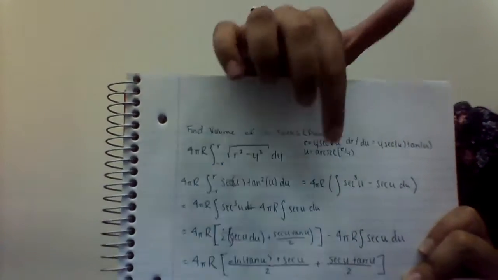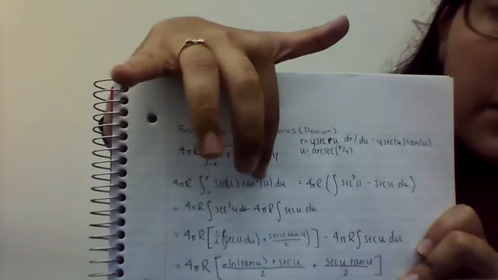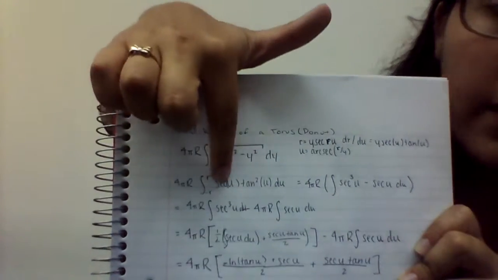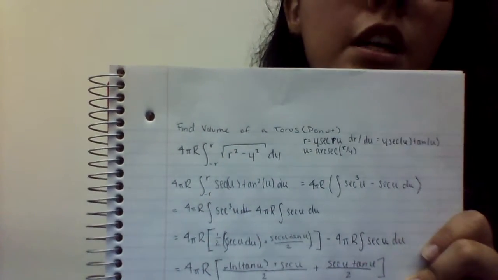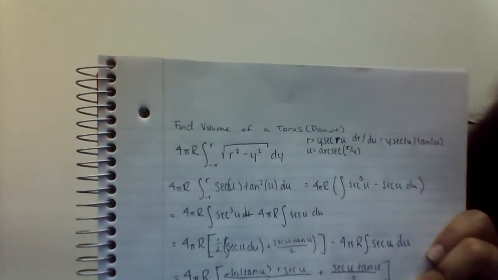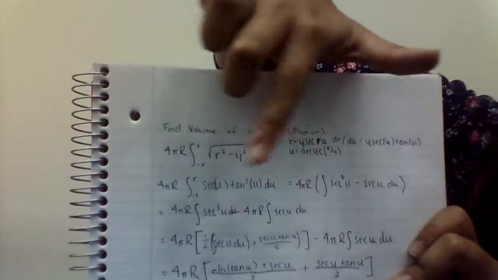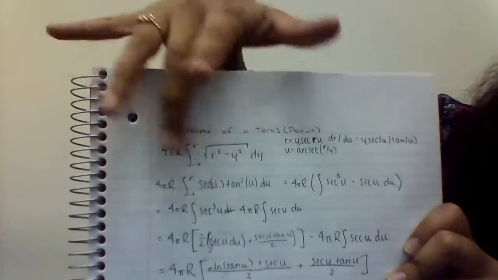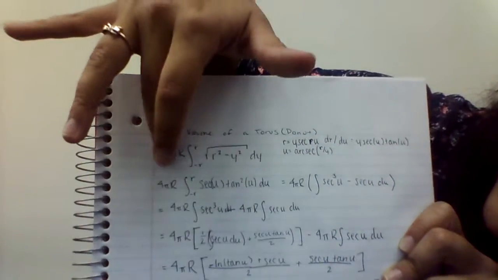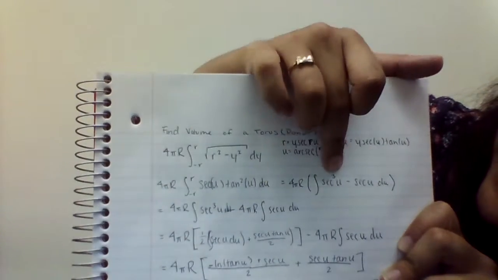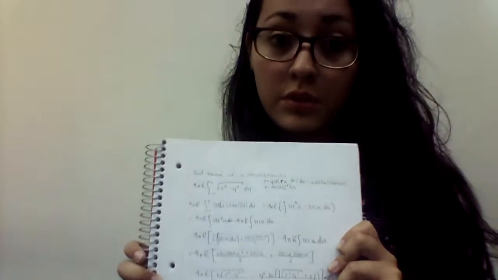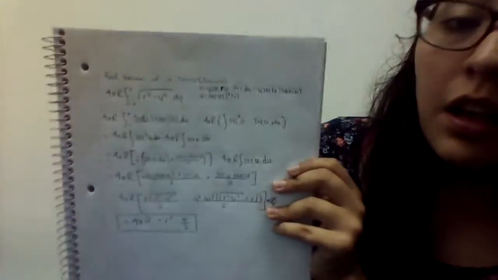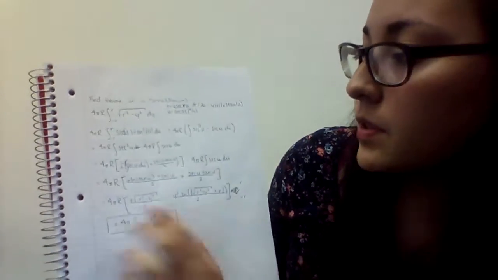And when I do that, I still have to solve this integral, so I simplify it, okay? You can also use a trig identity, tan squared plus 1 equals secant squared. I forgot to put it down there, but that's another trig identity that must be used here. And so I get secant cubed minus secant, and now I'm going to separate those two integrals for you to solve. And you see here, that's what I do.